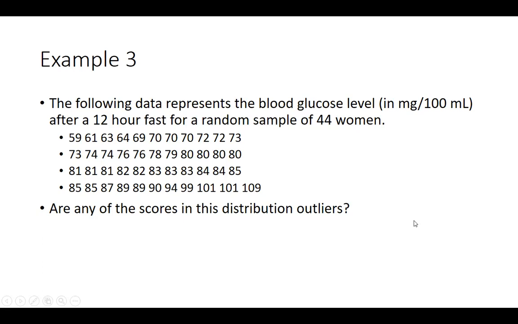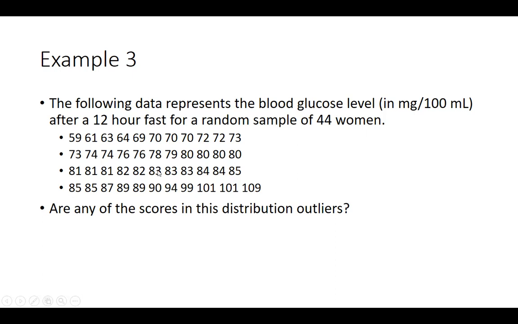Example 3. The following data represents the blood glucose level in milligrams per 100 milliliters after a 12-hour fast for a random sample of 44 women. So we have 44 samples.